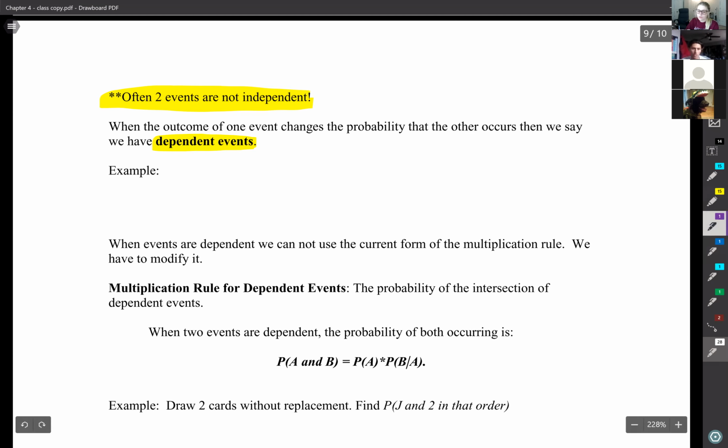Okay, so an example of this would be picking a card from a deck, not replacing it, and drawing a second card.